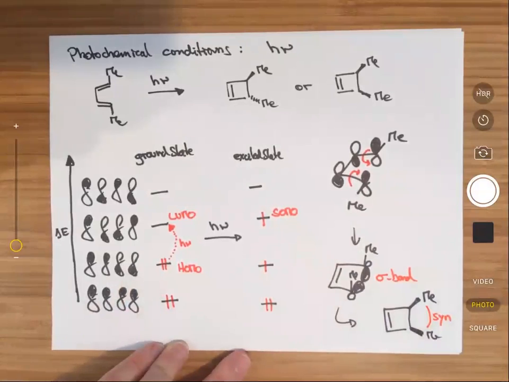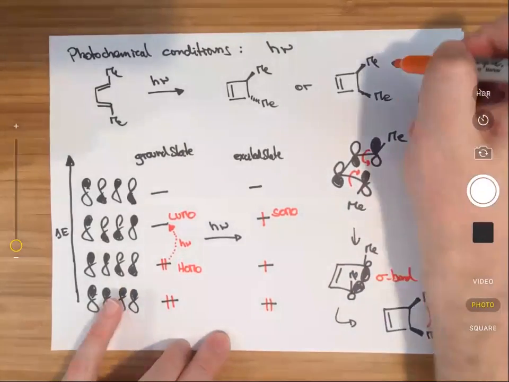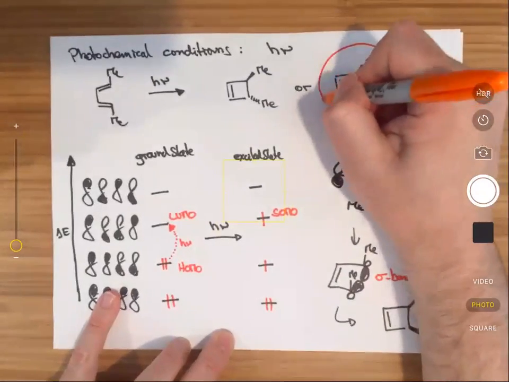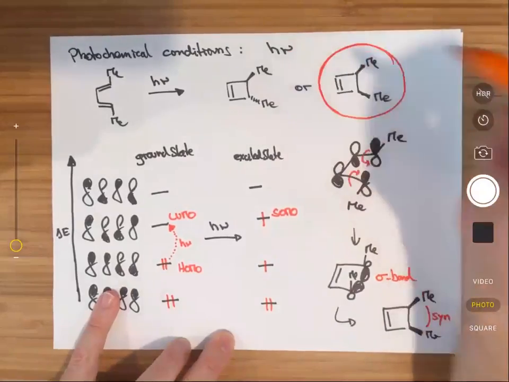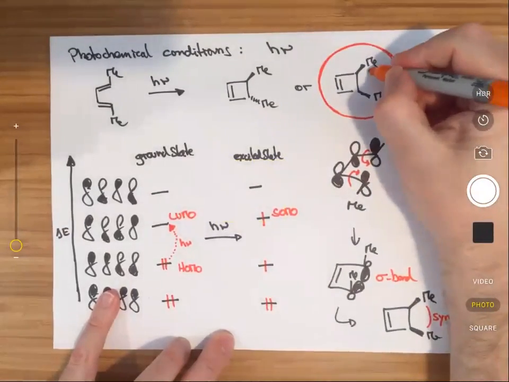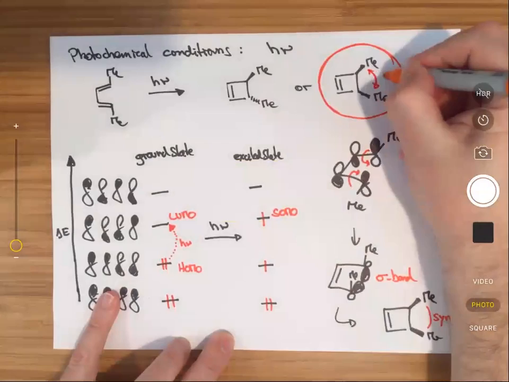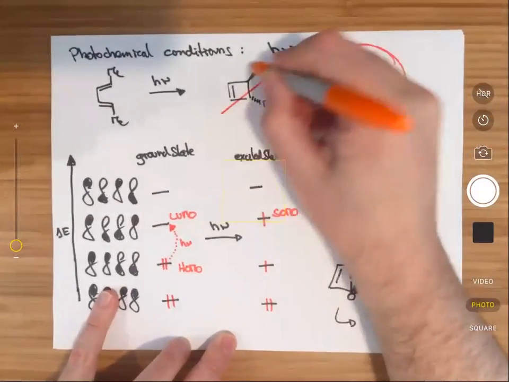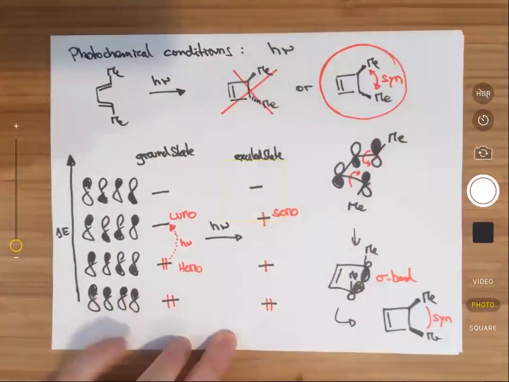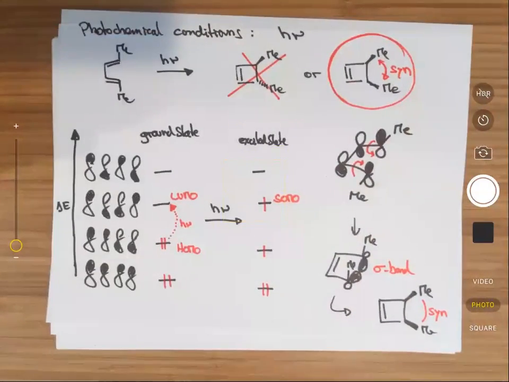So the right product from this reaction under photochemical conditions is actually the one that is opposite from the thermal conditions. In this case, the right product here is the one where these are syn with respect to each other, and this one is not formed under these reaction conditions, right?